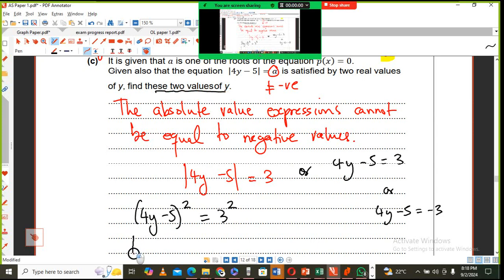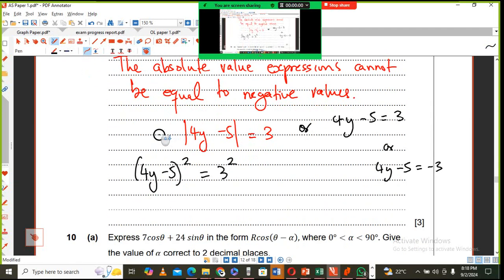Anyway, this is going to be 16y squared. 4 times 5 is 20. In fact, there's no need for me to do that, because whatever is on the other side of the equal sign is a perfect square.